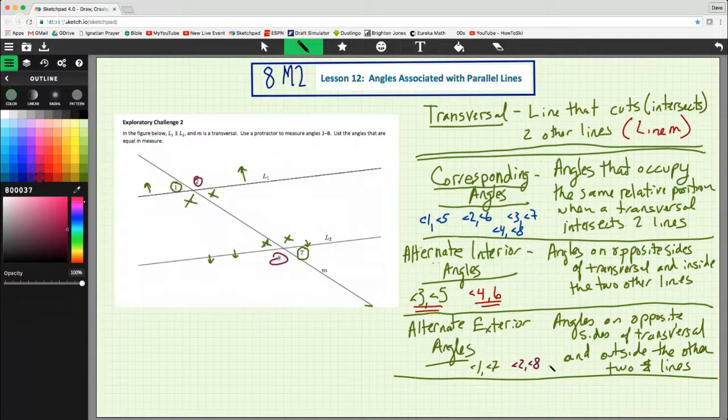Okay, so now we have our 4 definitions, but the rules of corresponding angles, alternate interior angles and alternate exterior angles are all the same.